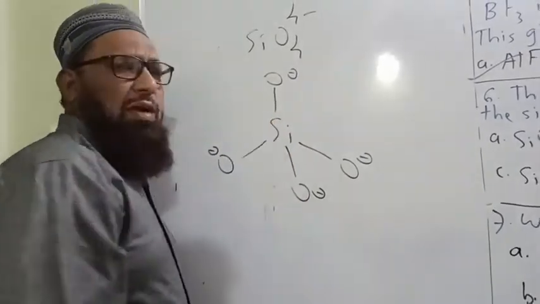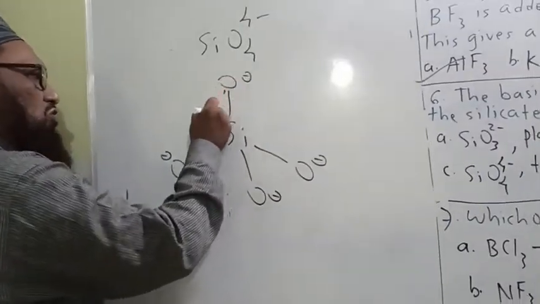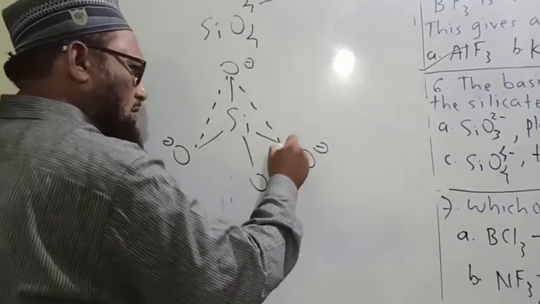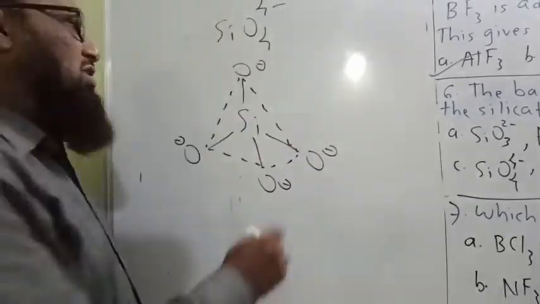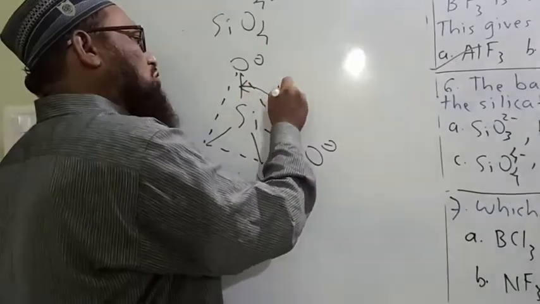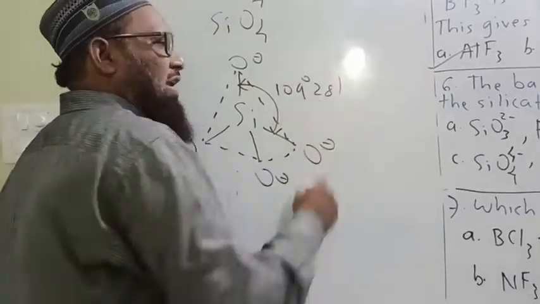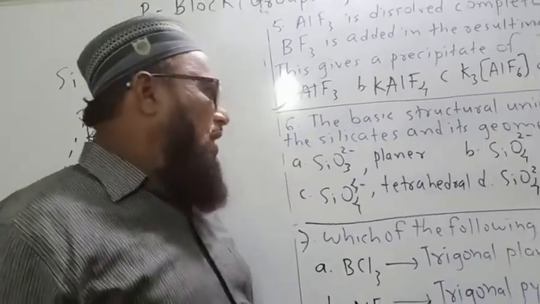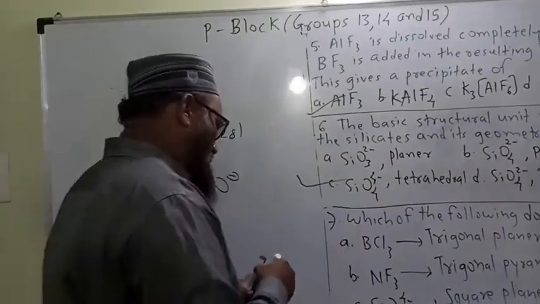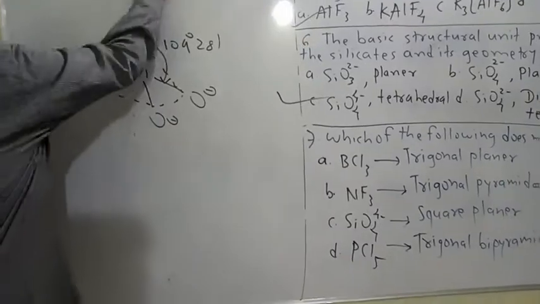Here sp3 hybridized, regular tetrahedral geometry. The O-Si-O bond angle is exactly 109 degrees 28 minutes. The basic structural unit is SiO4 4-minus, tetrahedral. C is the correct option.